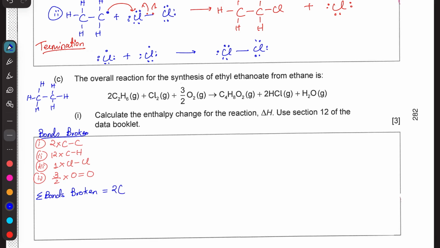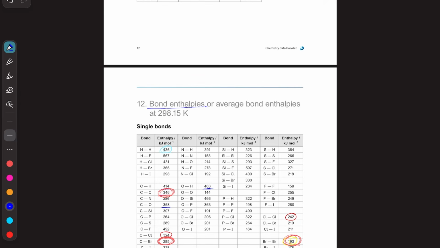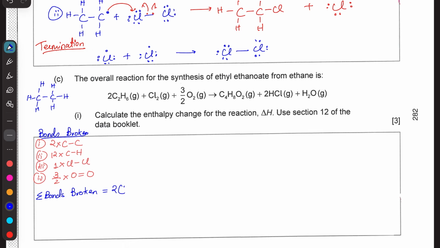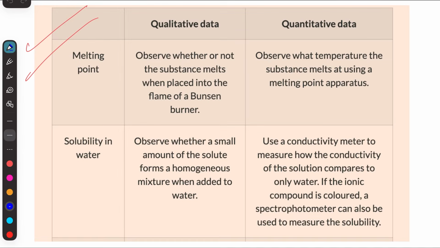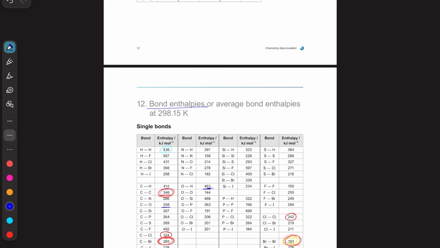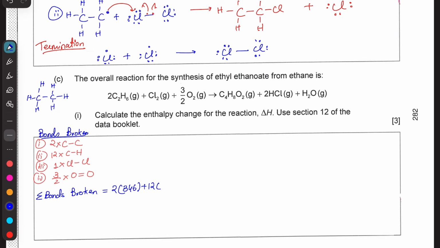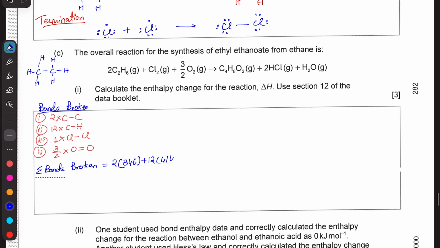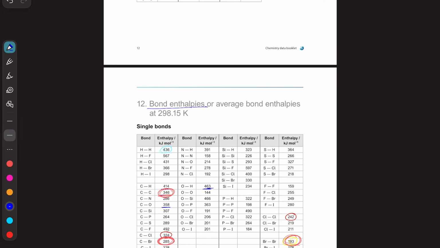This will be 2 times CC bond enthalpy, which is 346. CH bond enthalpy is, oh sorry, CH is 414. And then Cl2: ClCl bond enthalpy is 242.